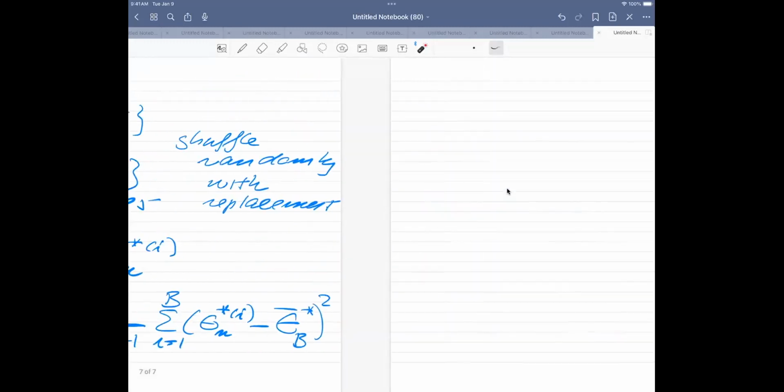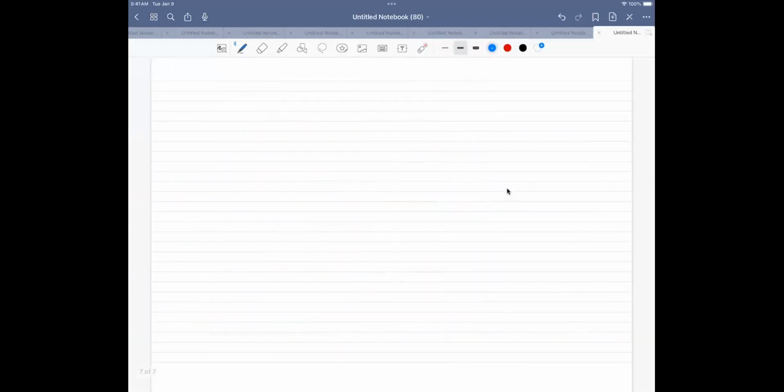What I'm going to assume now is that I have a set of observations. So I'm running a series of experiments. So the central limit theorem.